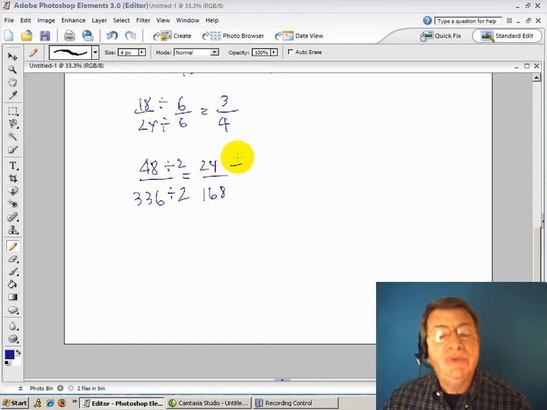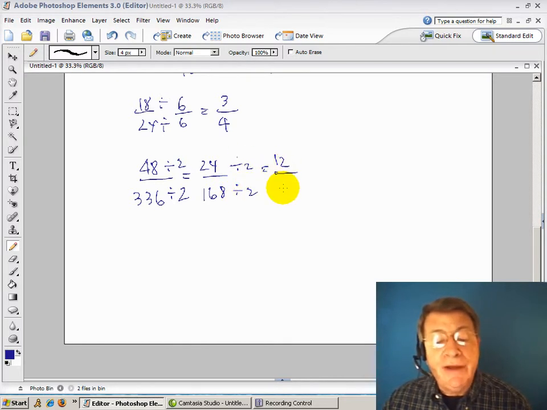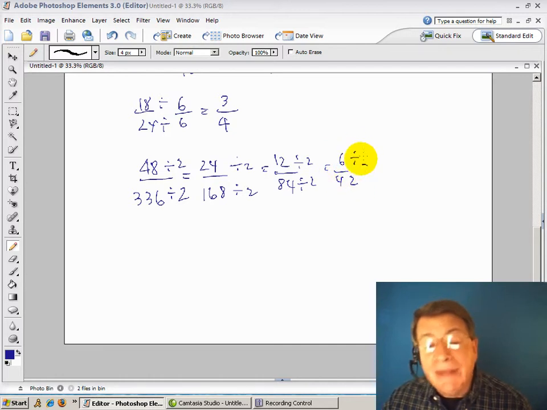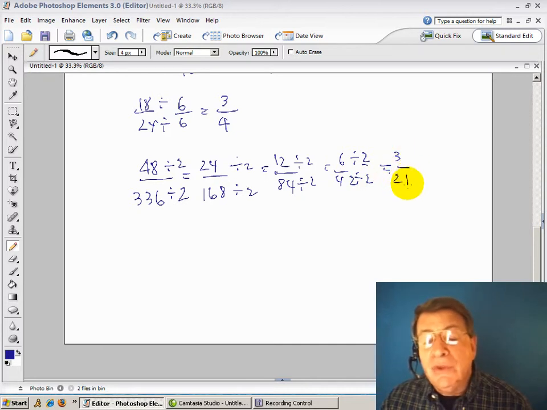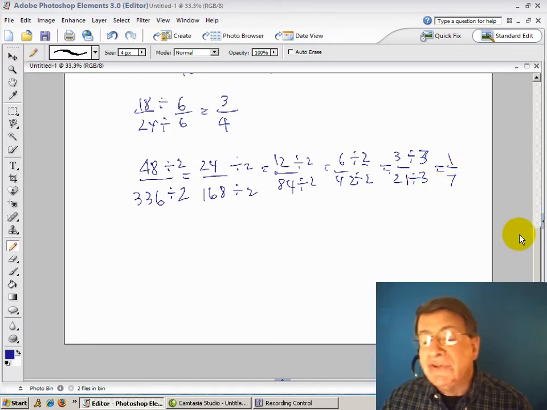We can divide by 2 again, and we get 12 over 84, and by 2 again, we get 6 over 42, and by 2 again. As you can see, we're just chipping away at it. That's called the chipping away method. So once we get this, we're left with 3 over 21, and notice that both top and bottom are divisible by 3, and our final answer is 1/7.